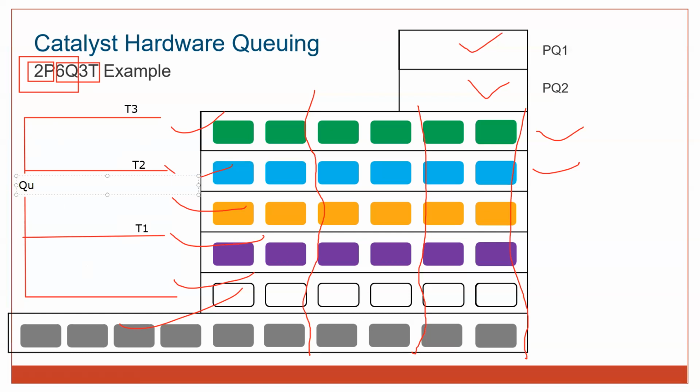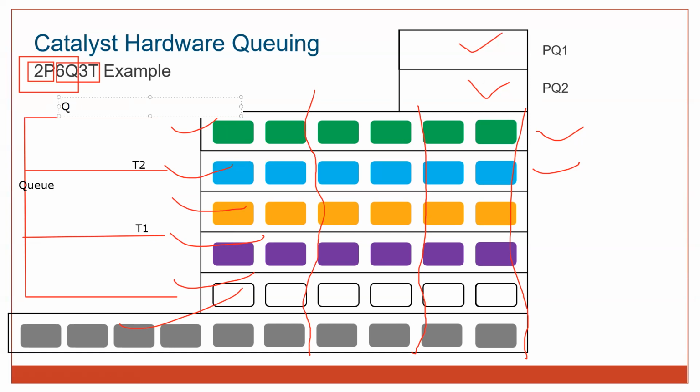This is queue, this is parent queue, right? So that means this is Q1 and T1. Just for example, I'm giving you this. Anyways, Q1 and Q2 are the priority queue, so it should start with Q3.